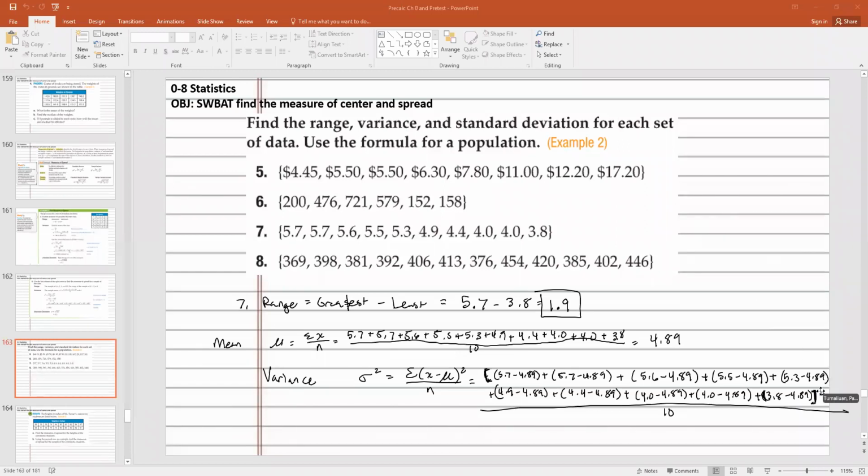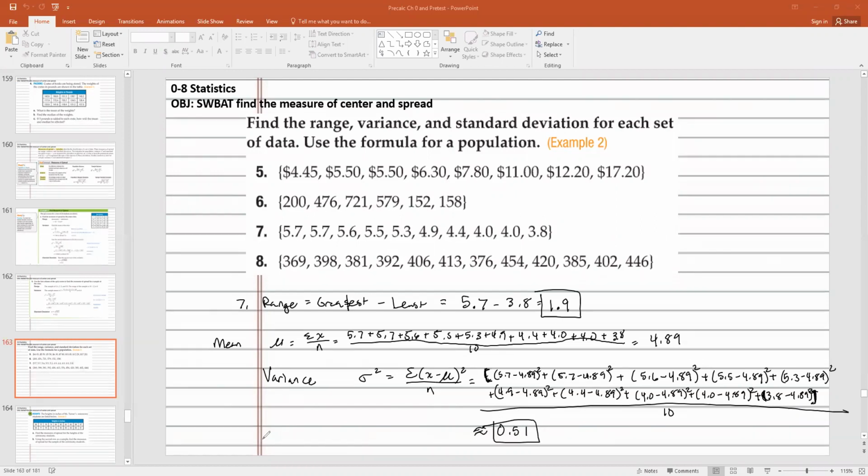This should be squaring each time, so even more work. So you should have been squaring each of those every time you subtracted. And this is why calculators are a must in statistics. And when you do that, I got 0.51. All right, so there we go.